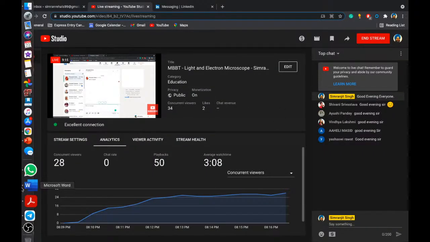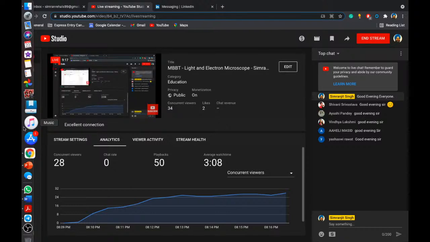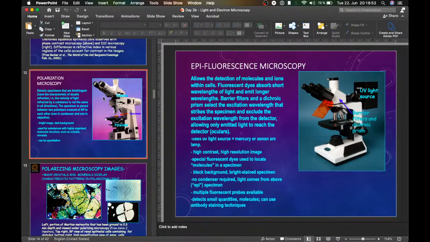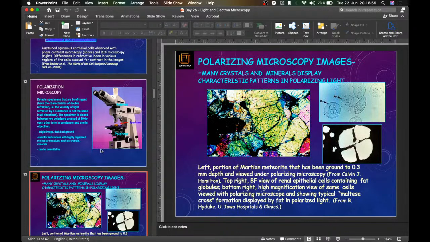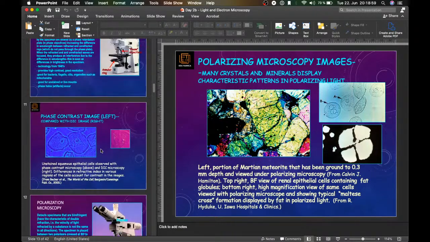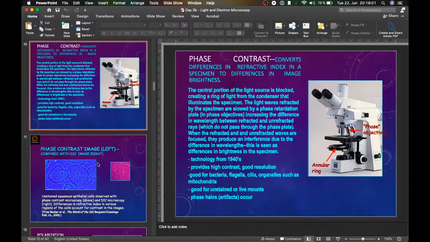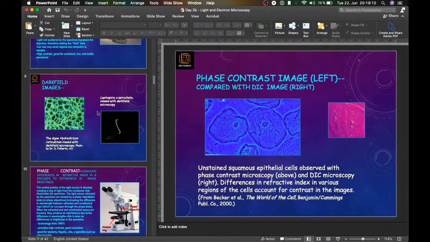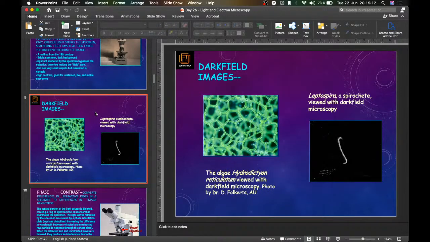Okay, let's start then. Yesterday we discussed various types of light microscopy, and how the pictures look under them. For example, polarization microscope with minerals, crystallines from meteoroids. Then phase contrast microscopy, and how squamous epithelium cells look. Then dark field microscopy, with spirochete and Echinococcus reticulatum, in which the background is dark.